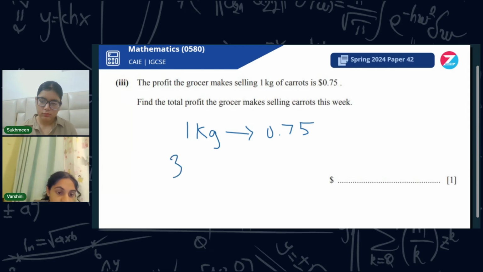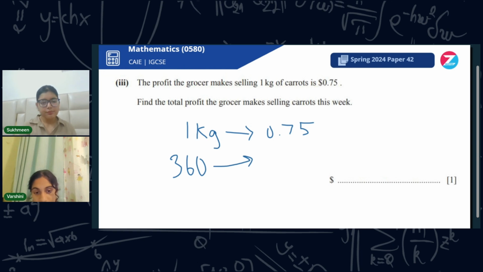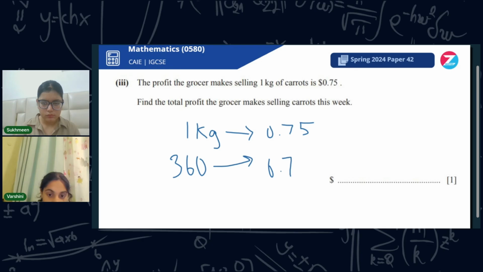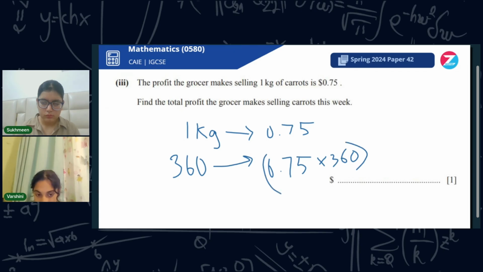So we're going to add 0.75 360 times, since it's for 360 kgs. So 0.75 into 360. Put that into your calculator, and you should get $270.